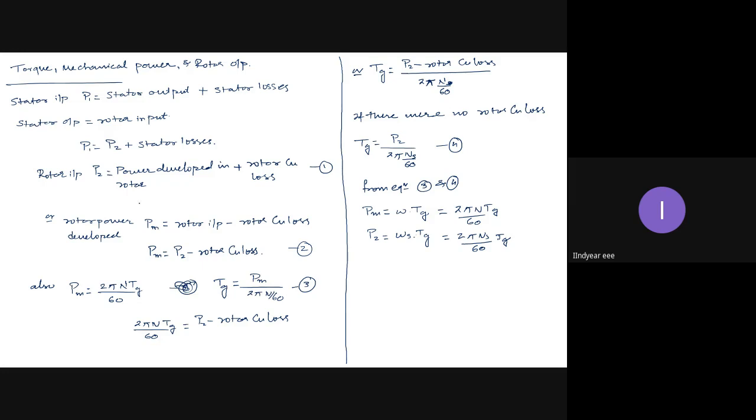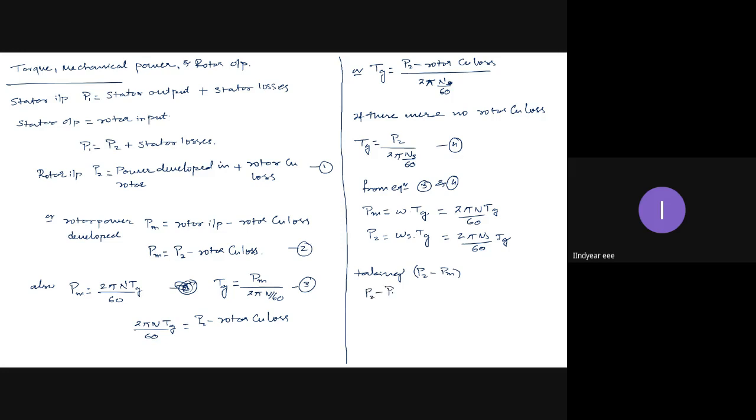Taking P2 minus Pm, that is rotor input minus rotor power developed, I get the rotor copper loss.